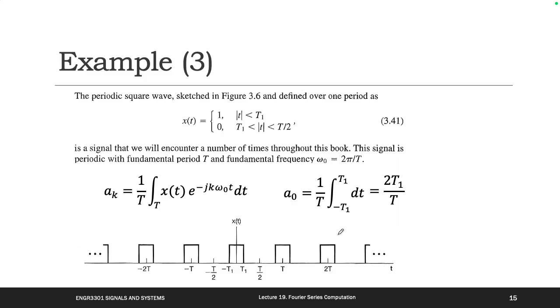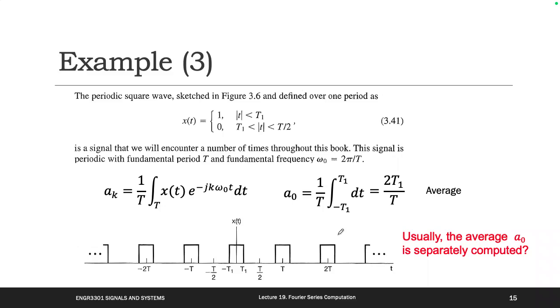Your A naught equals 2T1 over T, am I right? And so it is just an average. Usually the average is computed separately. Does that make sense to you? Okay.